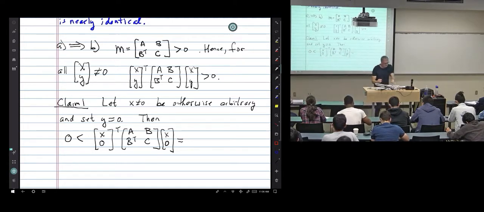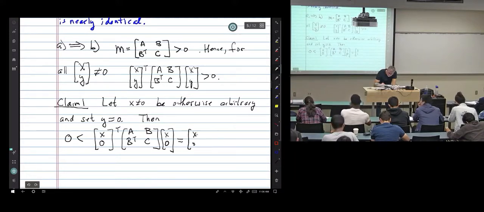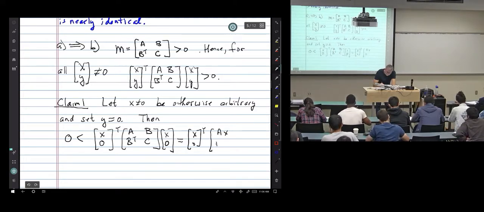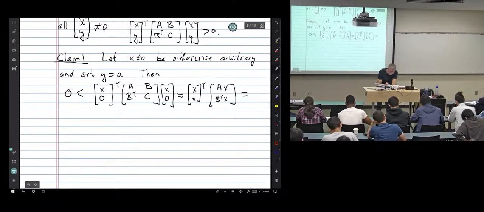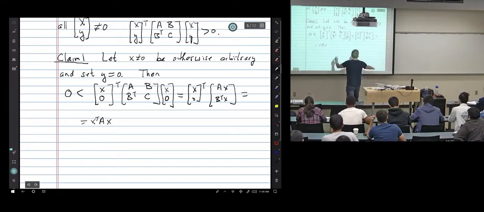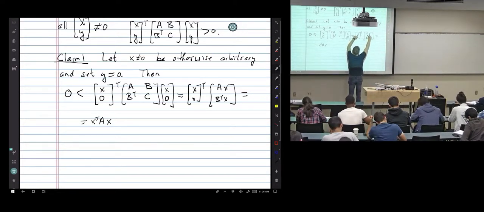So just multiply that out. X, 0, transpose. Here, I get A times x. Here, I get B transpose times x. And this is just equal to x transpose Ax. Okay. This times this.